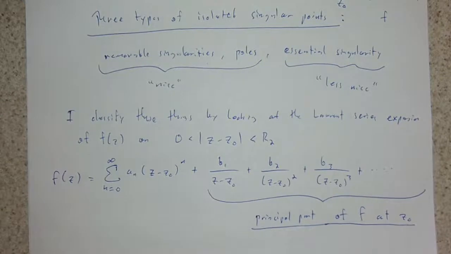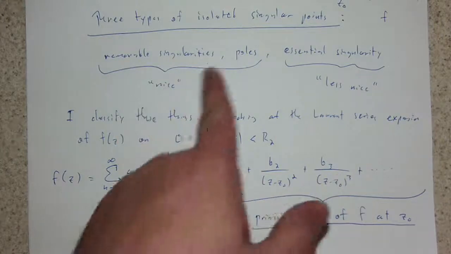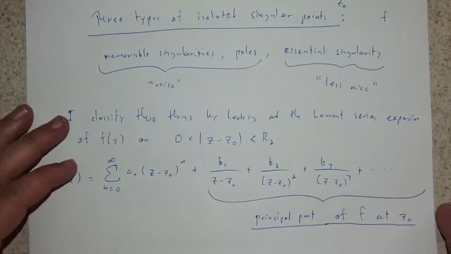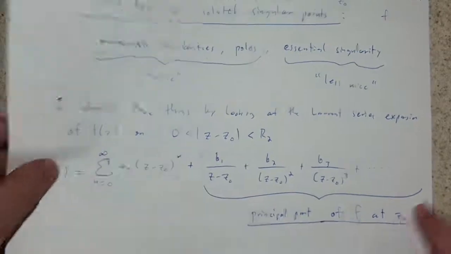The only thing that changes here are the coefficients, and so clearly the classification is really going to depend on what these coefficients are. All right, so there are three cases.